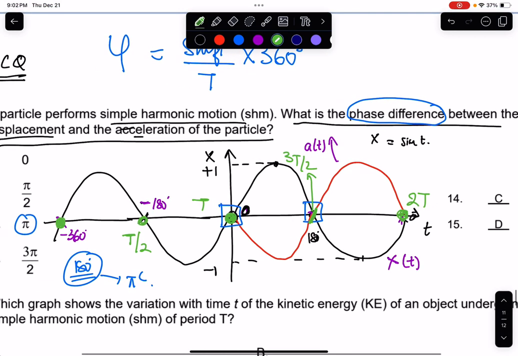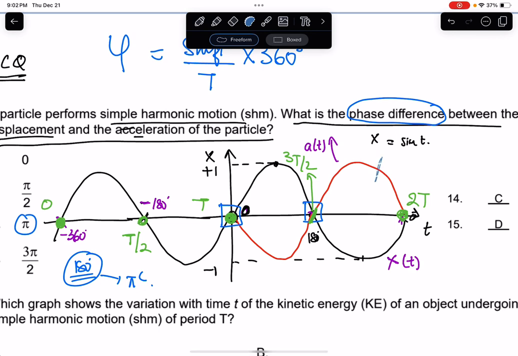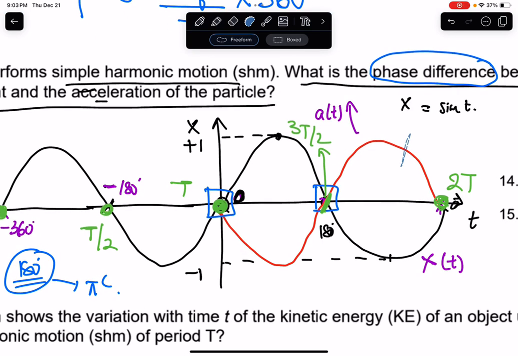Okay? So this is how the time period is changing. Now, once again, if I take this red curve, I'm going to be shifting this red curve to the left. So once again, look at these blue boxes over here.